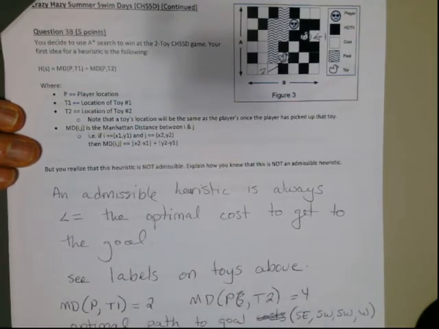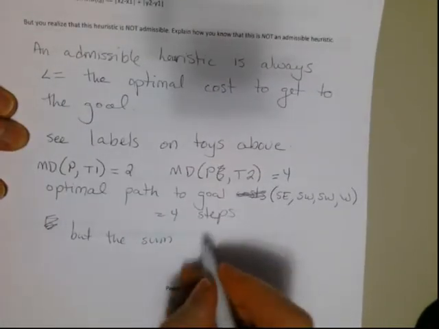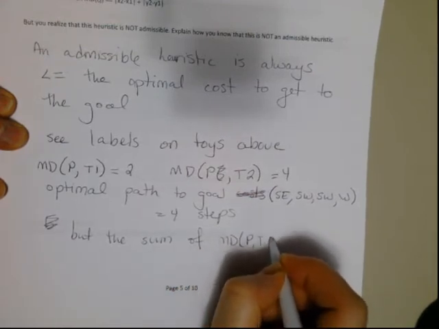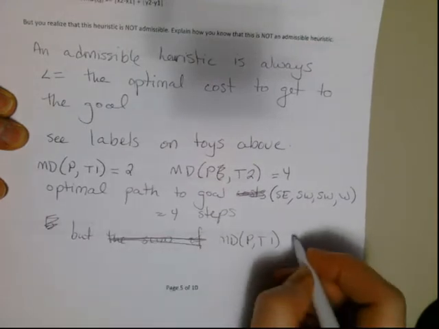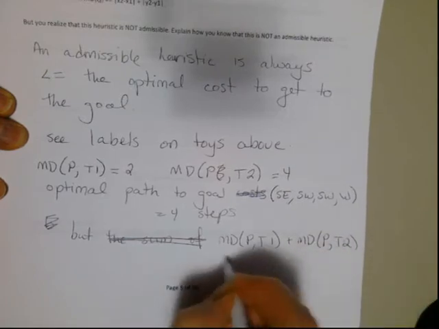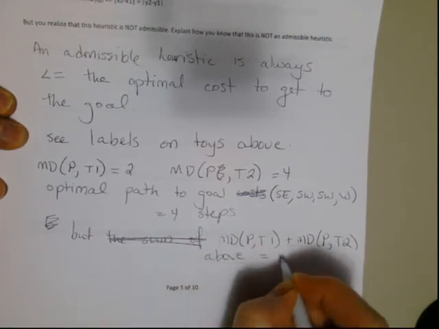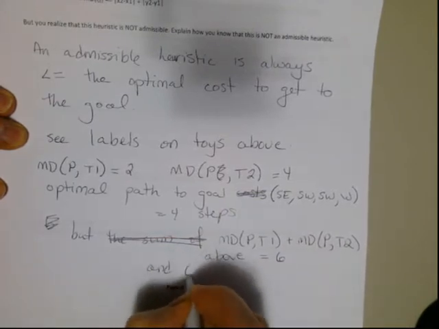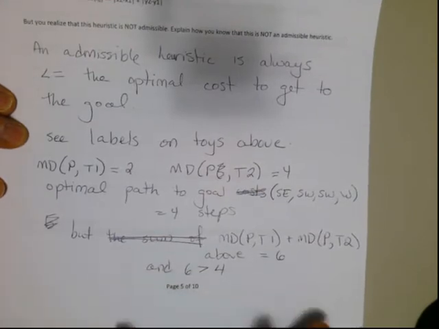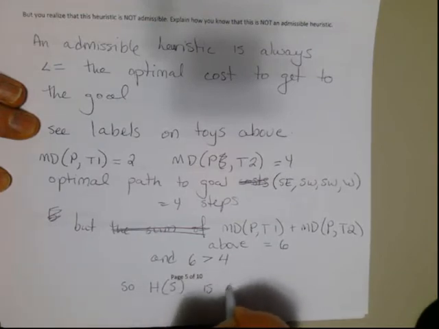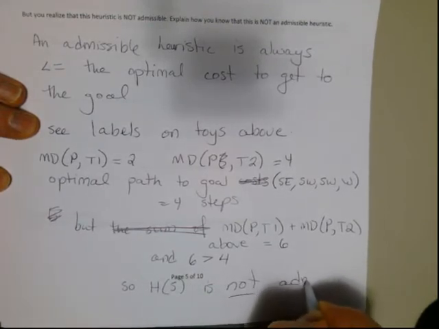But MD to T1 equals 2, and the sum, the MD of P,T1 plus the MD of P,T2 above equals 6, and 6 is greater than 4, so H of S is not admissible.